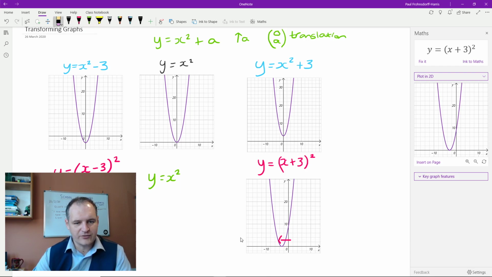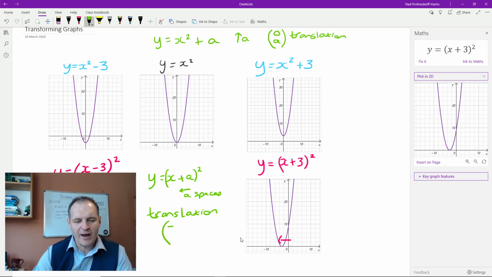Y equals x plus a, all squared, will make it go to the left a spaces. So it is a translation of minus a, 0. It's not going to go up or down at all.